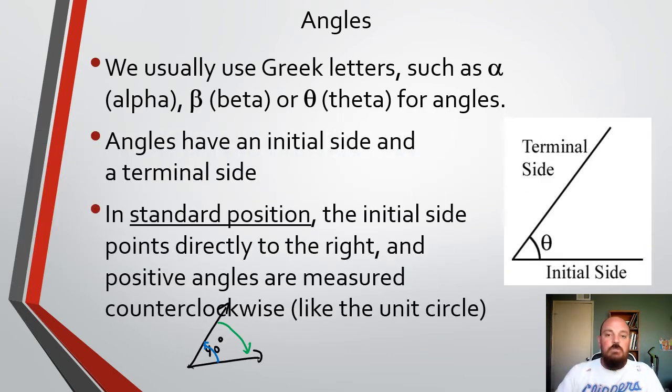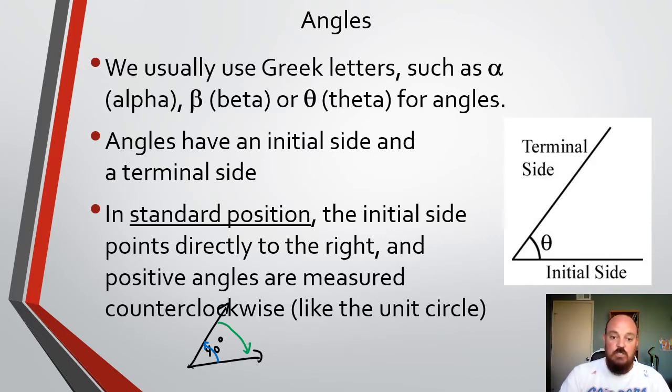Now we are going to use something called standard position for our angles. Standard position is when the initial side points directly to the right, a perfectly horizontal line pointing to the right, and then we measure counterclockwise from there. And there's a picture of it right there on the screen. The initial side is the bottom side, it's perfectly flat and pointing to the right, and then the angle is measuring counterclockwise from there and ending at the terminal side.